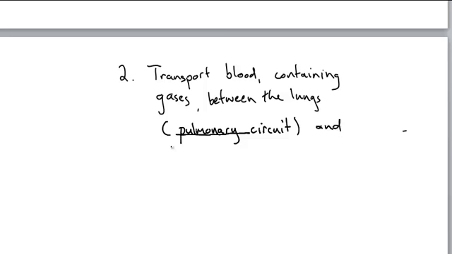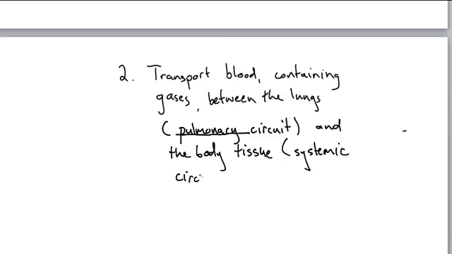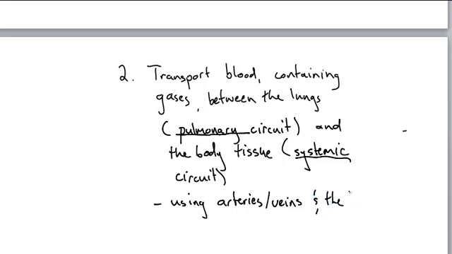And the body tissues. What circuit takes it to the body tissues? You said systemic? Fantastic. And this is achieved using arteries and veins, and of course the heart to actually pump it through.